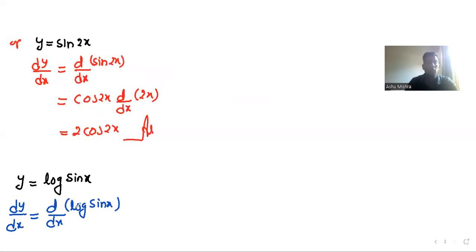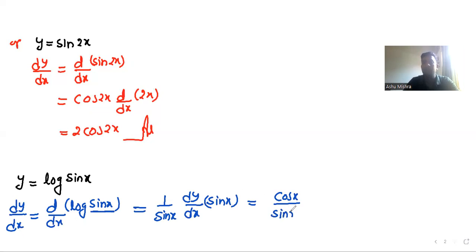And you know, for log, the complete part is sin x, and you know very well that the derivative of log x is 1 upon x, so 1 upon sin x. And after that, the derivative of sin x is cos x. That means we get cos x upon sin x, and this part is known as cot x. This is your final answer.